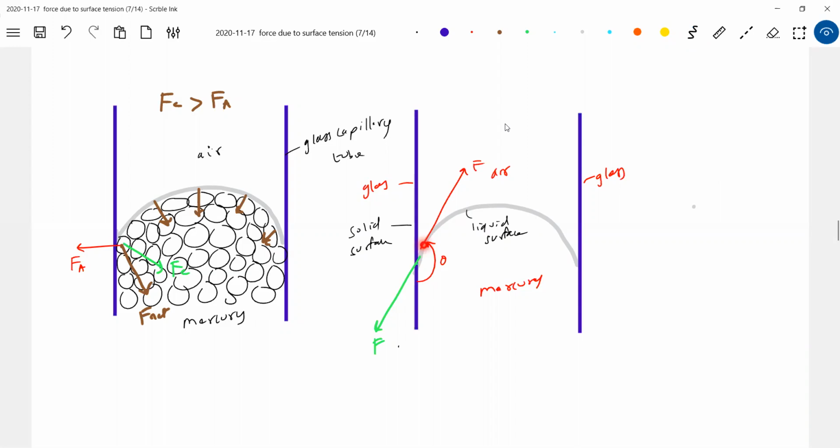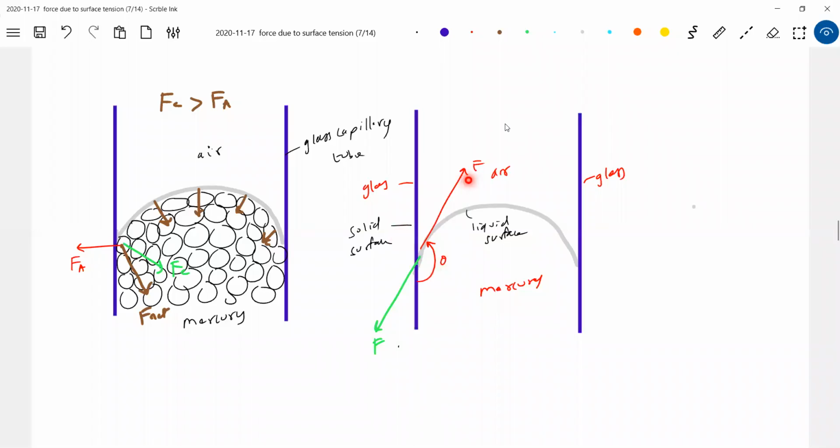The angle subtended by the tangent drawn inside the liquid between the solid and liquid surface, or you can put it like this: the angle measured between the tangent drawn inside the liquid between the solid and liquid surface. That is the angle of contact. This is not the angle of contact. So what is the angle of contact for mercury and glass? It will be obtuse, more than 90 degrees.